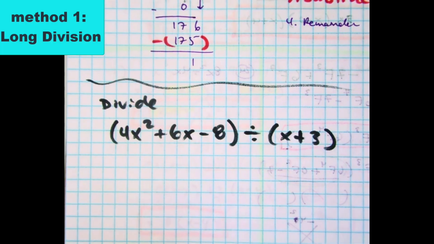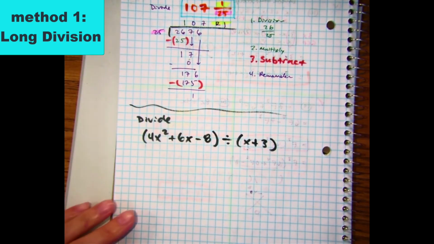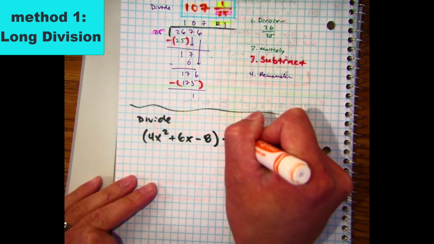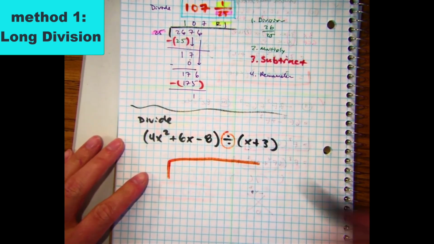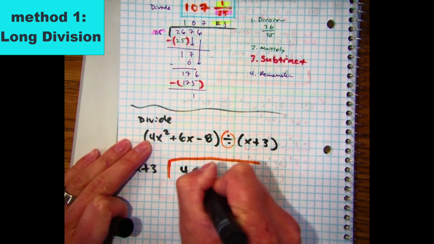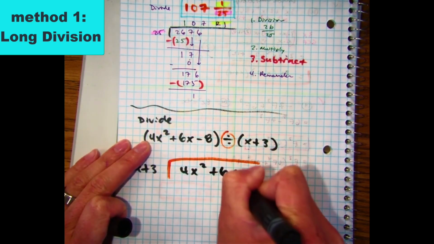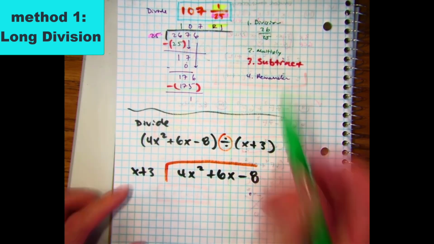Alright, so we're going to do the same exact thing as we did above. And I'm going to rewrite this. For the first time you're going to see division. So let's make our division symbol. This goes on the outside, and this goes on the inside. Now, the very first thing we did here is we did this division problem, right?